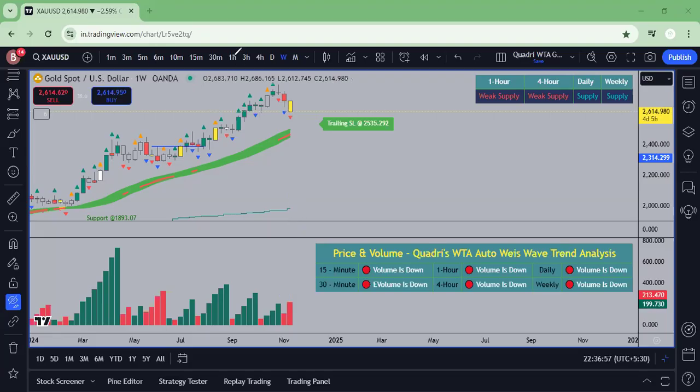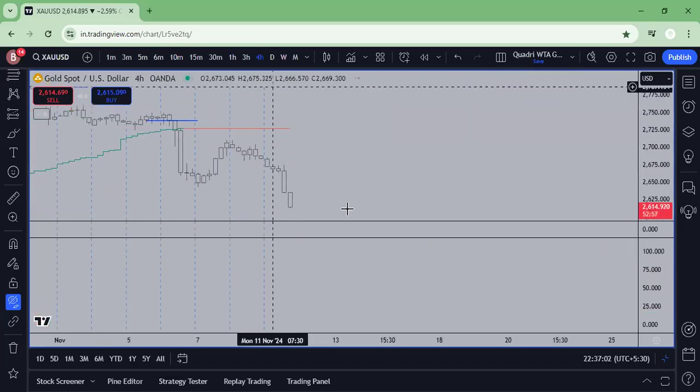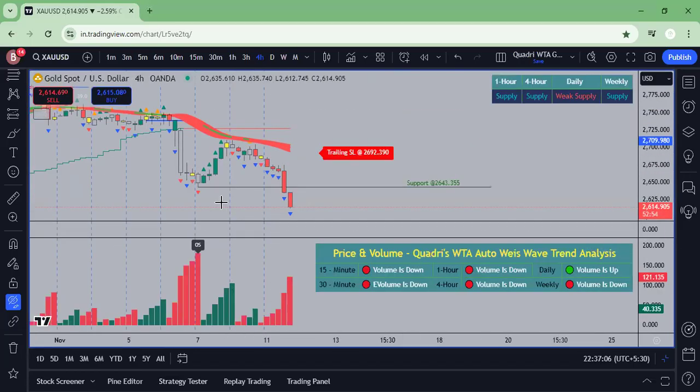So if the market came down, and simultaneously if you look at your 4 hour, it is down since morning, showing a downward movement, so we have a pullback. This is a very beautiful tool for trading on any time frame.